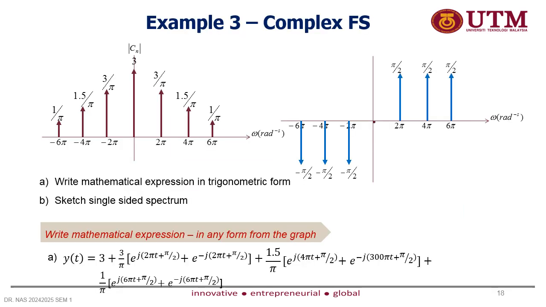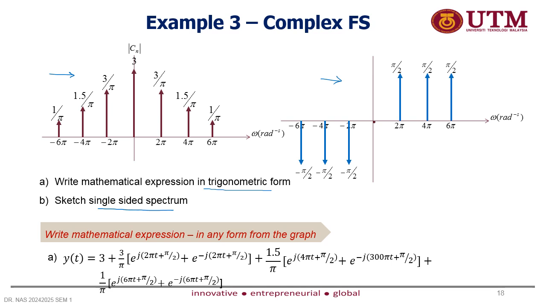Okay, how about when you are given an amplitude and phase spectrum, but you need to write down the expression in trigonometric form, and then sketch the single-sided spectrum. Currently you are given a double-sided spectrum for both the amplitude and phase spectrum. So from the double-sided spectrum, you will get the exponential Fourier series.